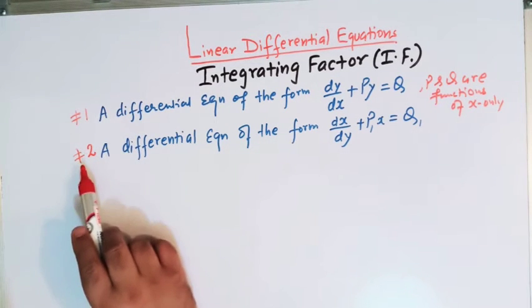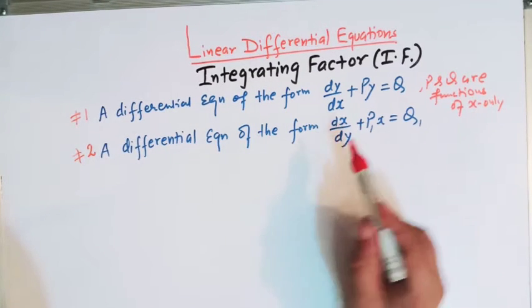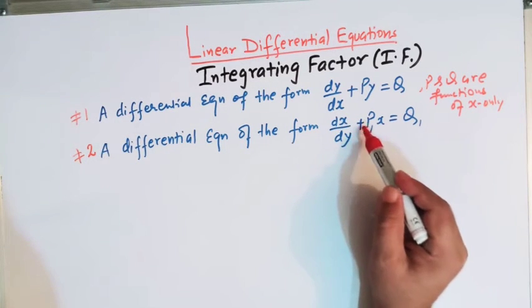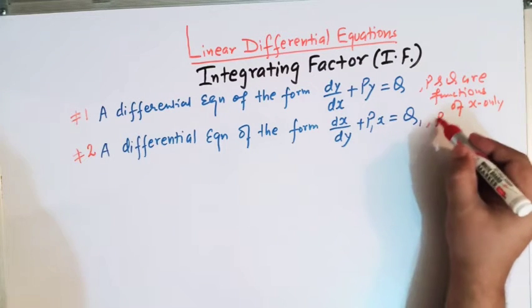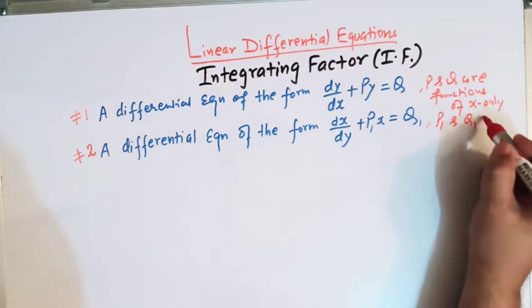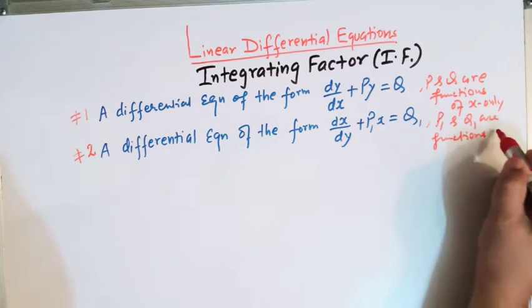Similarly, the second type of first order linear differential equation is of the form dx/dy + P1x = Q1, and here P1 and Q1 are functions of y only.